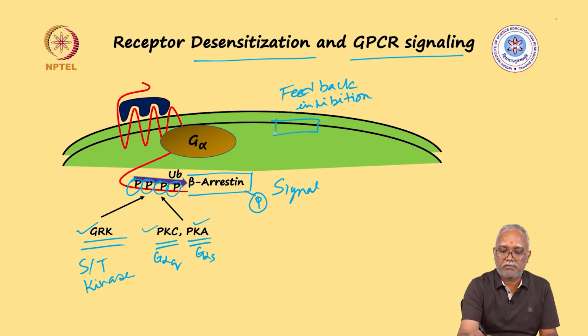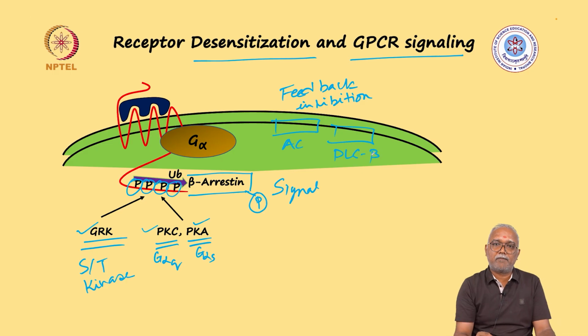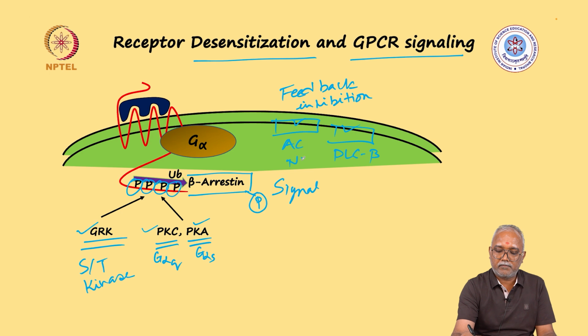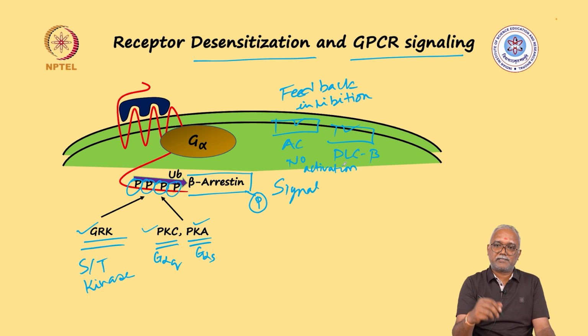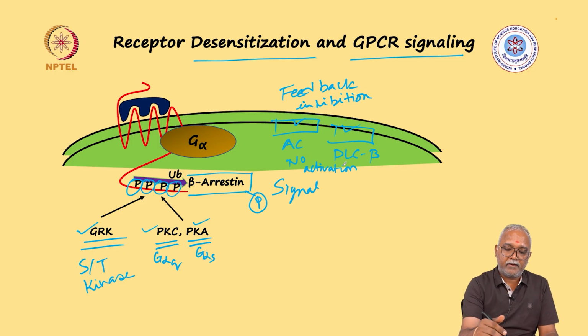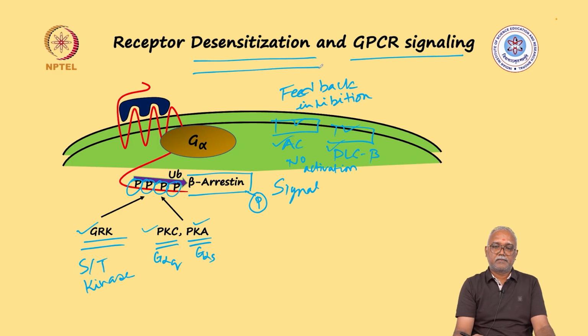If I say adenylyl cyclase, if I say PLC beta, it is not available to them. Thus, they cannot be activated. No activation. So this step of beta-arrestin binding and making this G-alpha bound receptor insensitive to the presence of the next effector molecule is basically what is called desensitization.